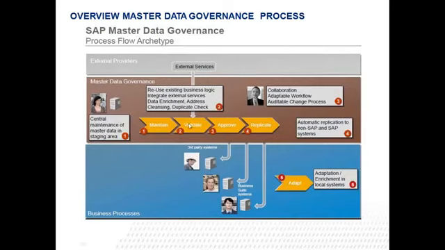For that purpose, MDG is capable of connecting to service-oriented architecture related systems, so we can consume whatever web service is already available, and we can validate whatever information the user entered.